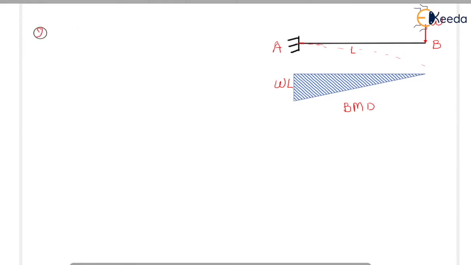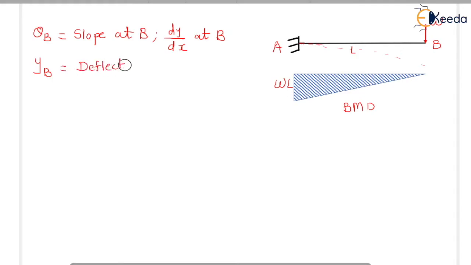Let us consider theta B, which is the slope at B, and can also be written as dy by dx at B. And let YB be the deflection at point B.